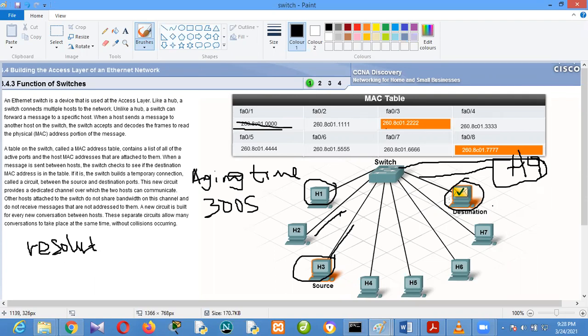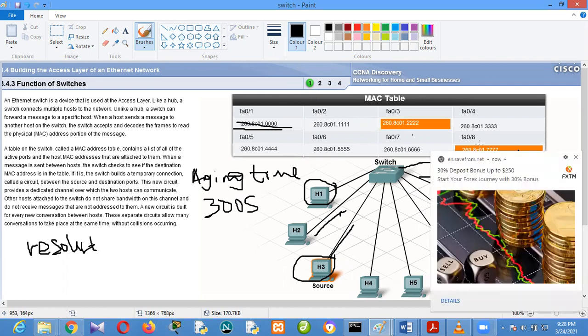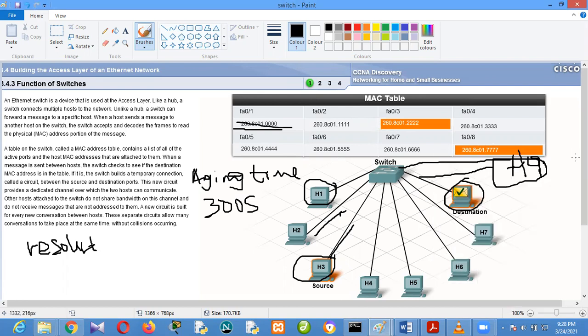So the only time the switch sends a broadcast message is when it does not have information about such a MAC address in its ARP table. Now, broadcast in a switch is what we call flooding.